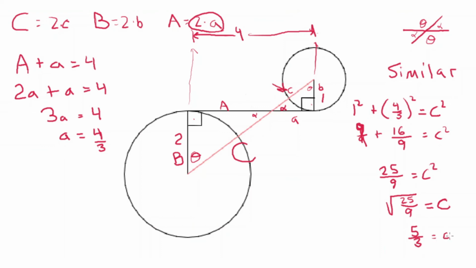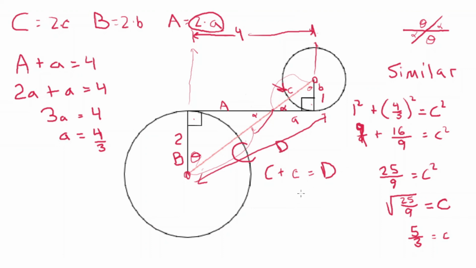equals little c. Now, the distance between the center point here and the center point here is big C plus little c, because it's from here to here, and here to here. Okay, I could do that. I could say big C plus little c equals this big D, which is, we'll say D is the distance between the two circle centers.